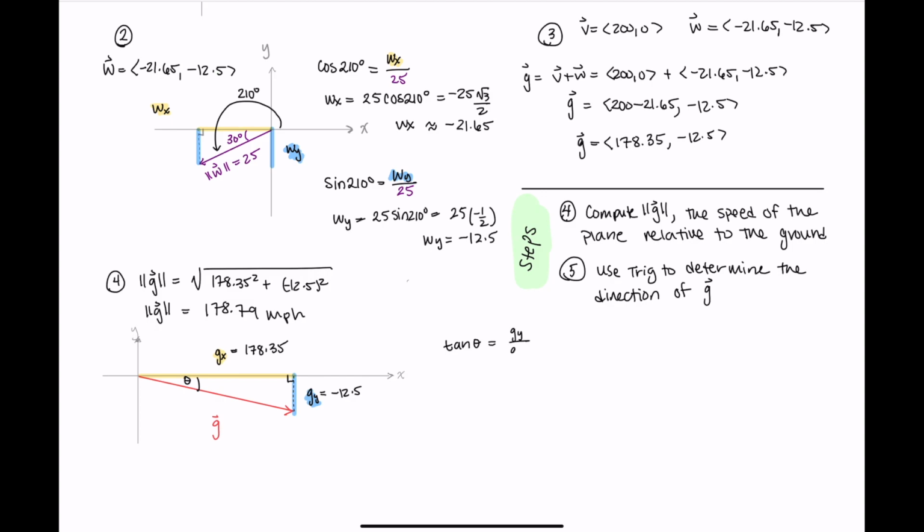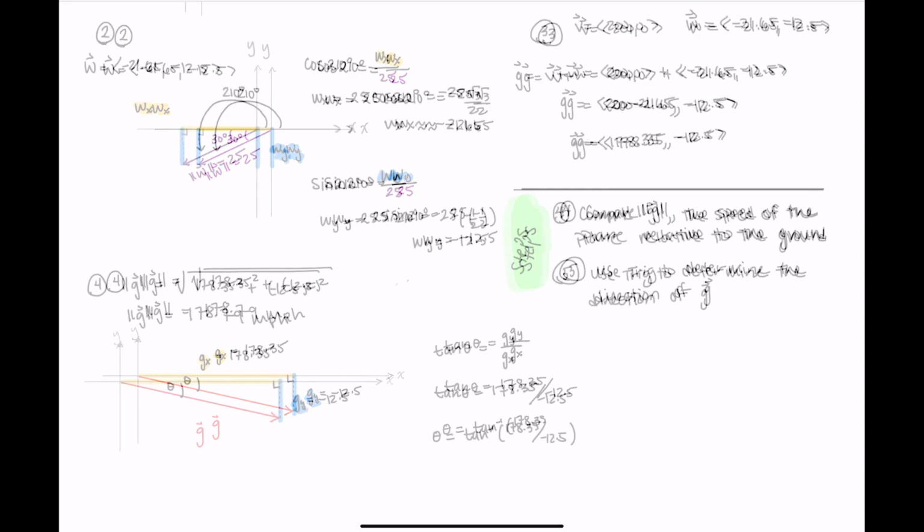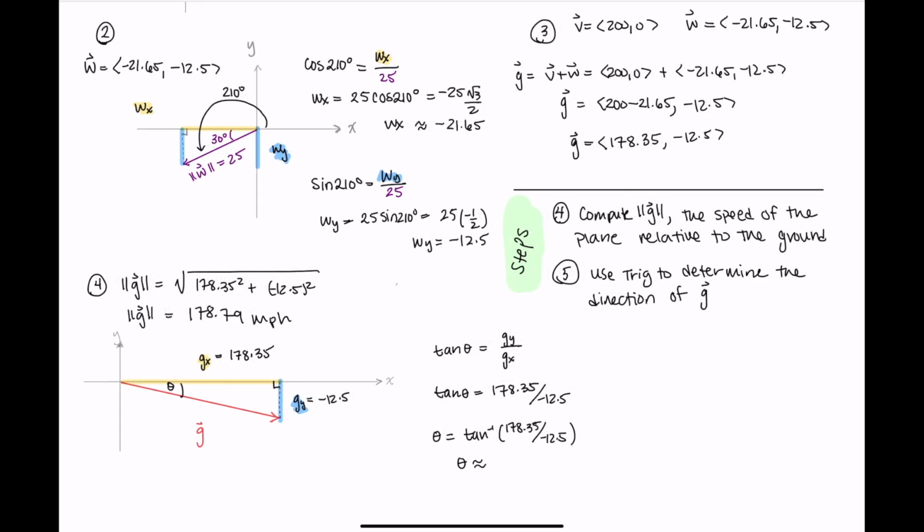So g y over g x. So tangent of theta is equal to negative 12.5 divided by 178.35. That tells me that theta is equal to tangent inverse of this ratio. So theta is approximately negative 4.01 degrees, and I'm just going to round that to negative 4 degrees.